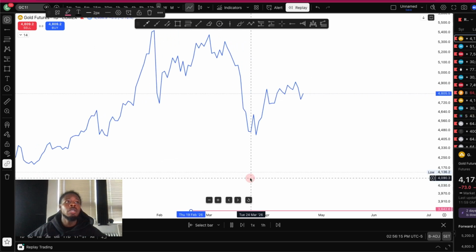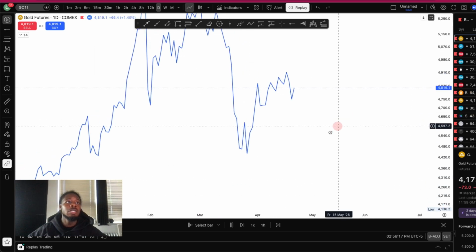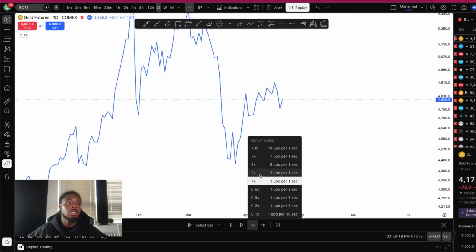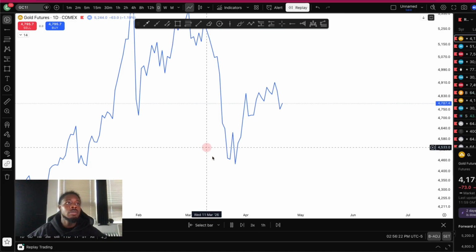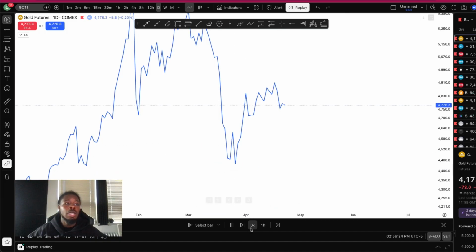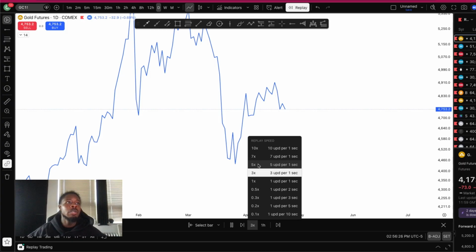I'm going to zoom in for y'all. Just let it do what it do. We're going to turn the speed up because it's kind of slow. I like to stay on the line chart on this until I'm able to catch a play.